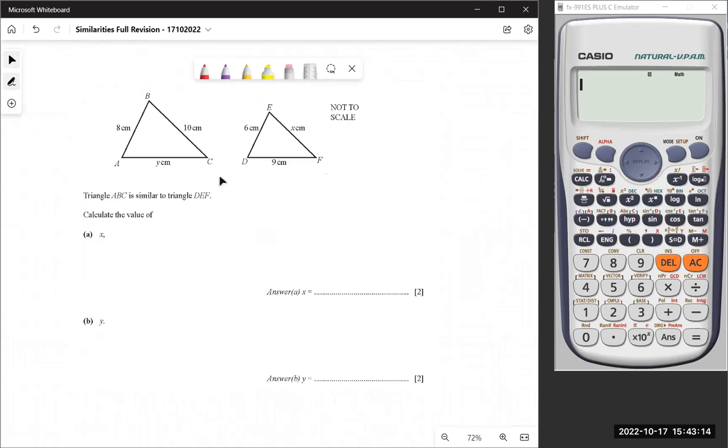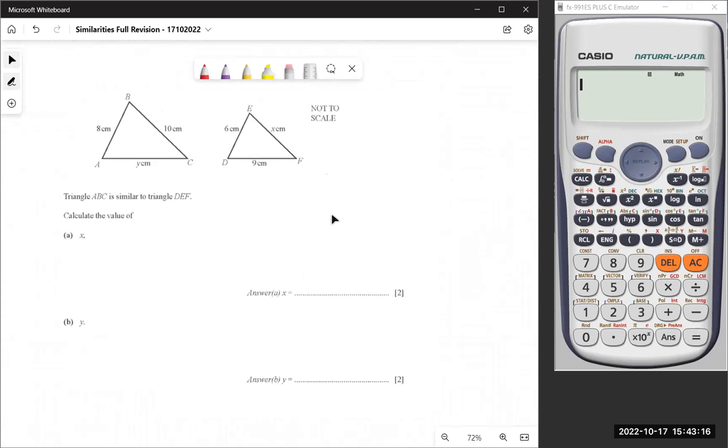Now find X and Y. Now for this, you have a timer on the screen. You only have 2 minutes. Yes, 2 minutes. Rachit, start, send me a picture as well. All of you send me a picture.